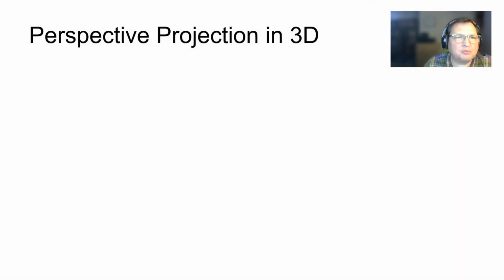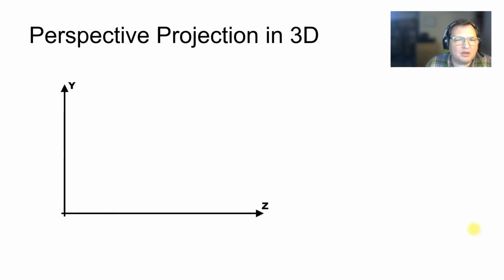To explain the perspective projection in 3D, I will use this sideways view. We have two axes here. The y-axis is our usual vertical axis showing the bottom-to-top direction of the screen. But the other axis here is the z-axis, so it's pointing beyond the screen into the depth of the virtual space. As I mentioned, it's a sideways view.